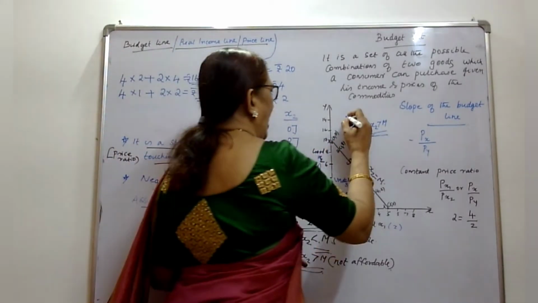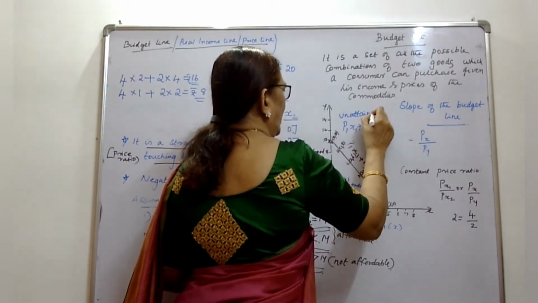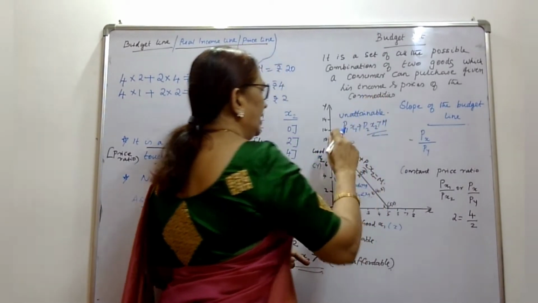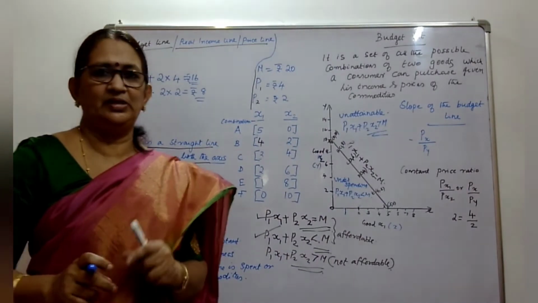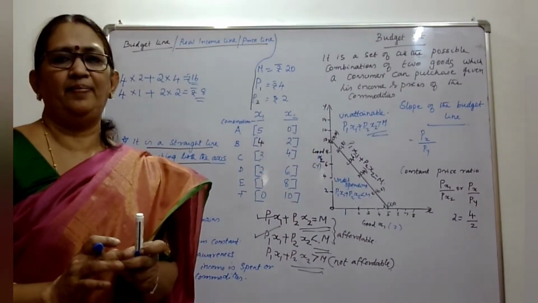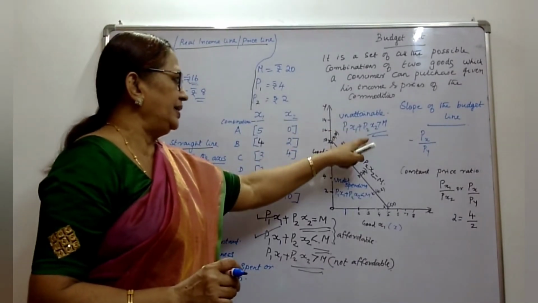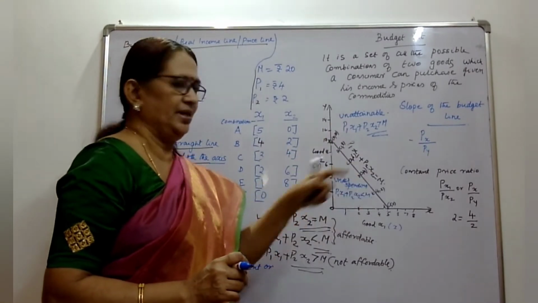This is unattainable. It is not affordable. In order to reach it, what should change? The income of the consumer should change, or there should be a change in the price of the commodity. Okay. So, unattainable combinations will come here.